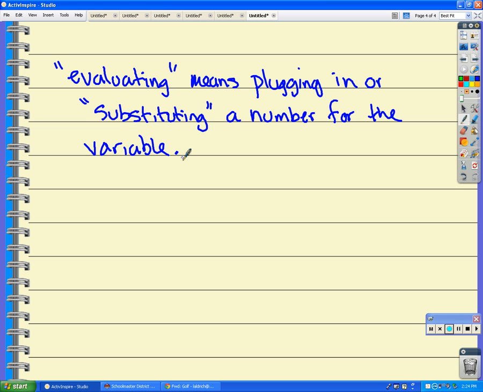Okay? So when you evaluate an expression, you just take that variable and you plug in a number for it, and then figure out what the answer is with that number in there instead. So evaluating is the fancy math term. Substituting is also a fancy math term. Those are the ones that you are supposed to know.